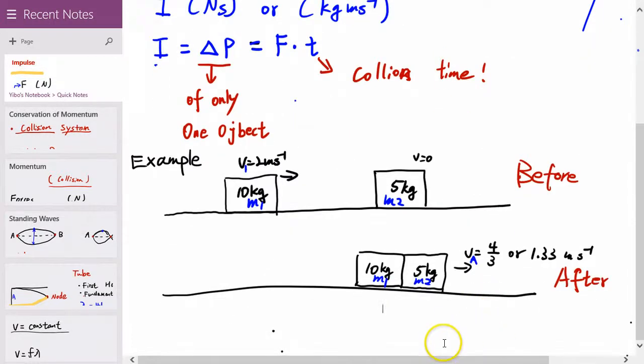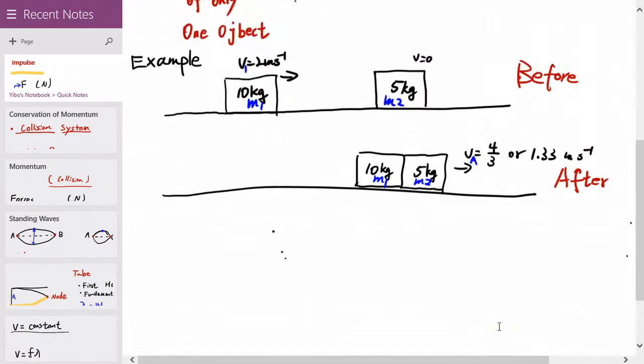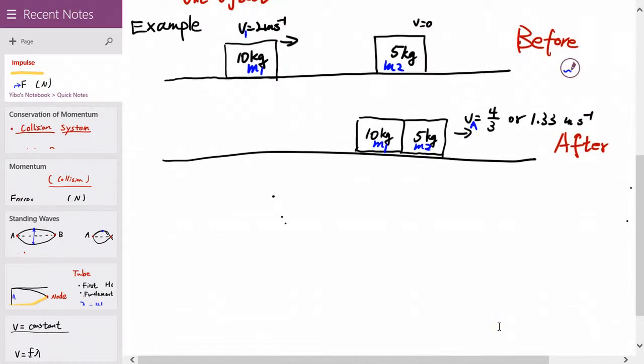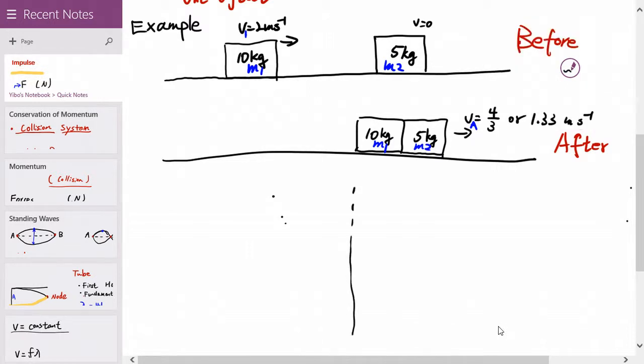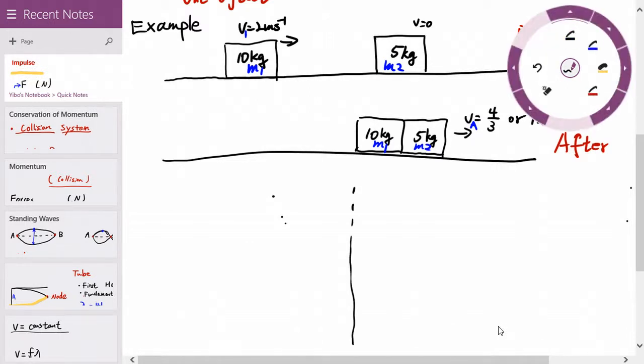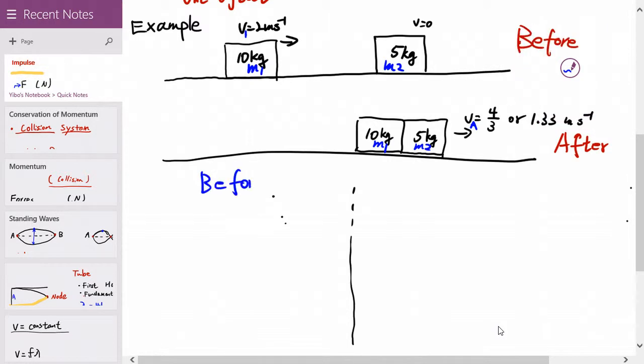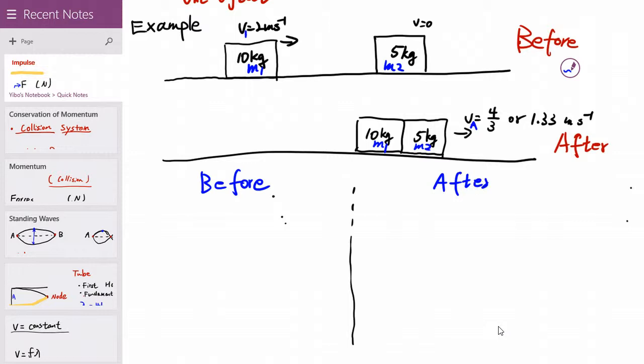Looking at this system, let me draw a line. We are going to analyze what happened before and what happened after. So let's look at object 1.